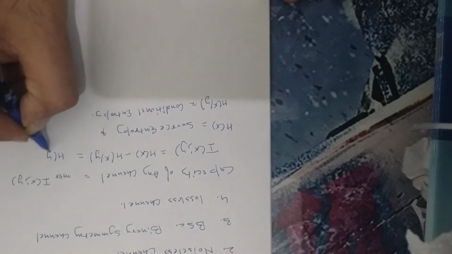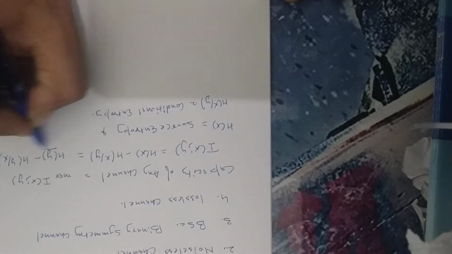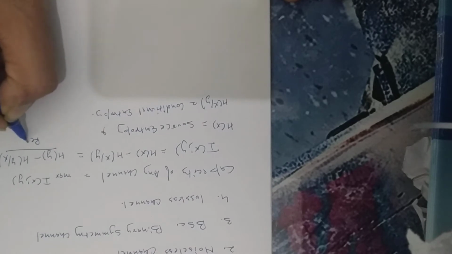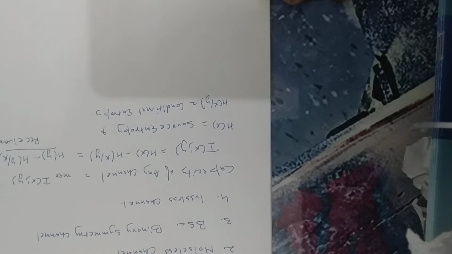We can also write mutual information as H(Y) minus H(Y/X) when seen from the receiver side.